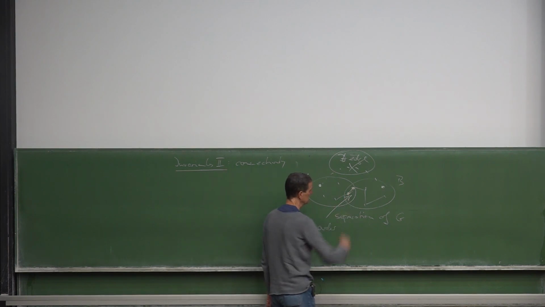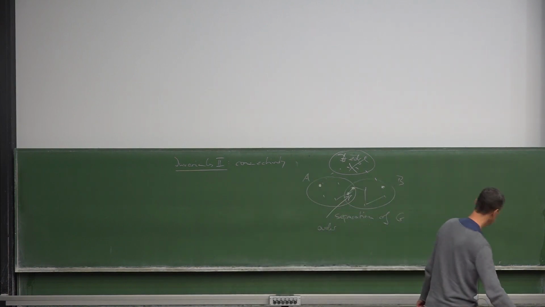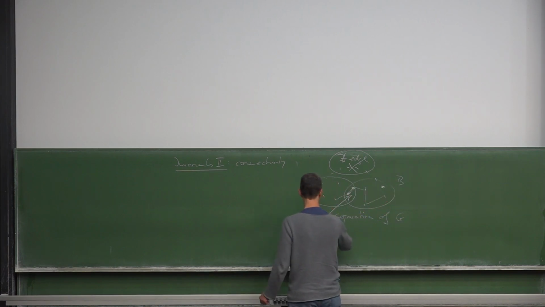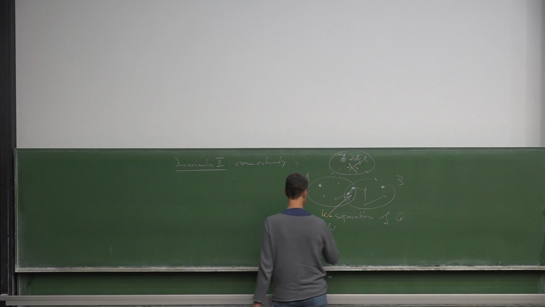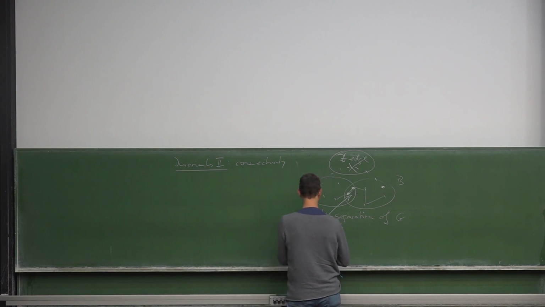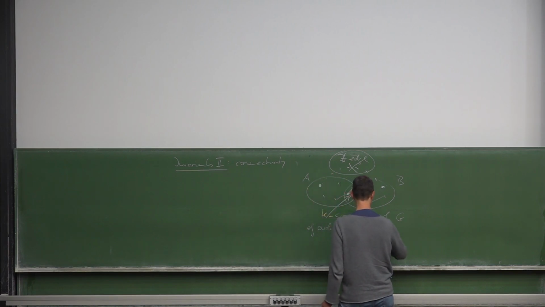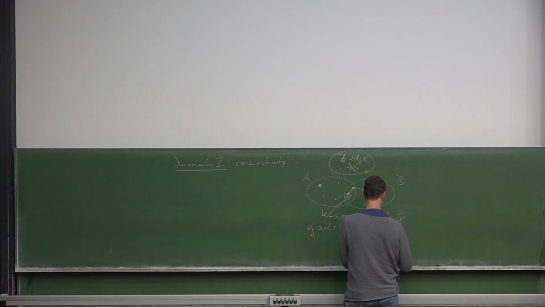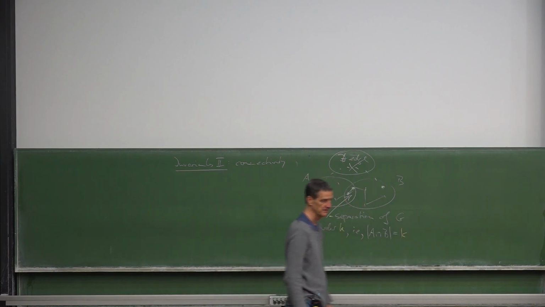So a K separation of G is a separation of order K, which just means that A intersect B has K elements, K vertices. Right? That's a K separation.